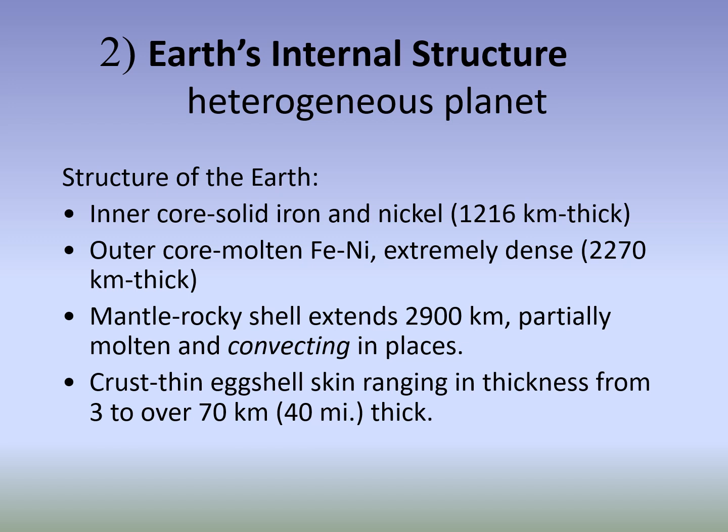And again, like I said, the Earth's internal structure is heterogeneous. The basic, simple version is that the structure of the Earth can be broken down into four different components. You've got the inner core, which is a solid nickel and iron core, about 1,216 kilometers thick. And by the way, in this class we will be using the metric system primarily.